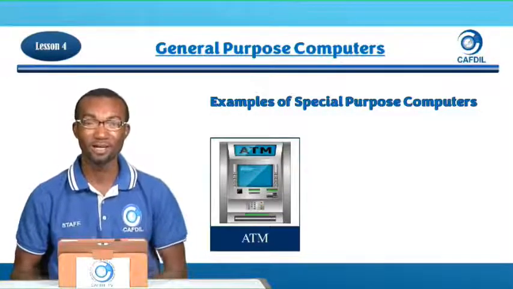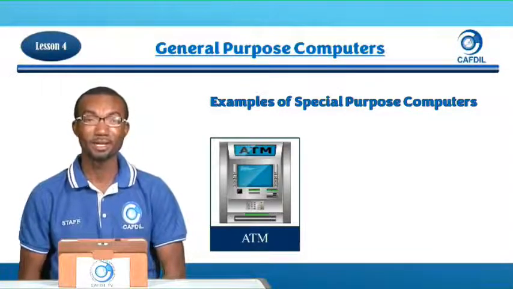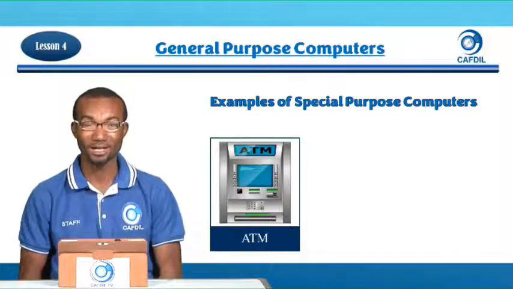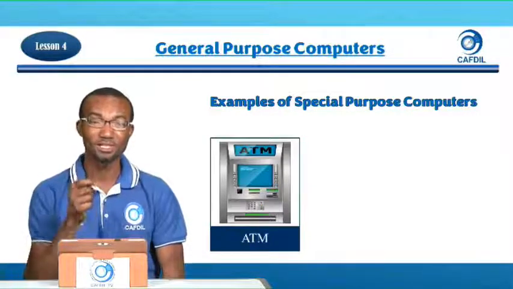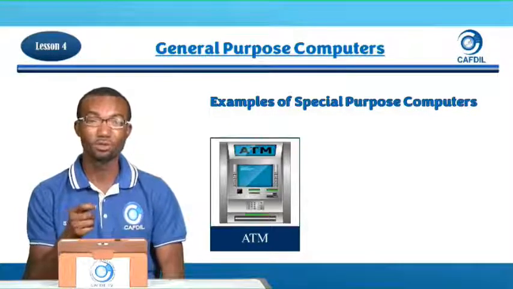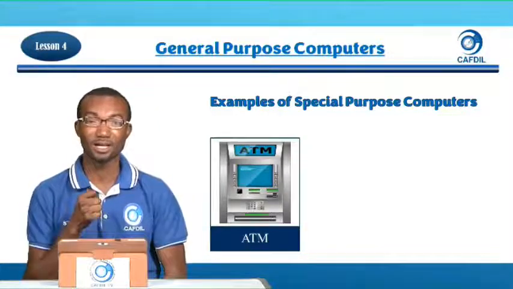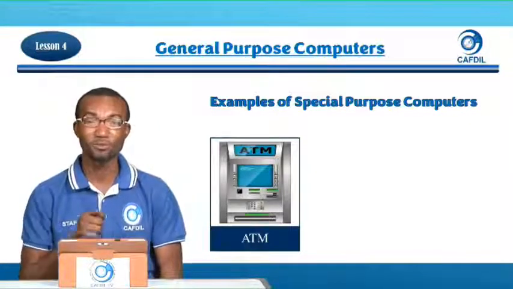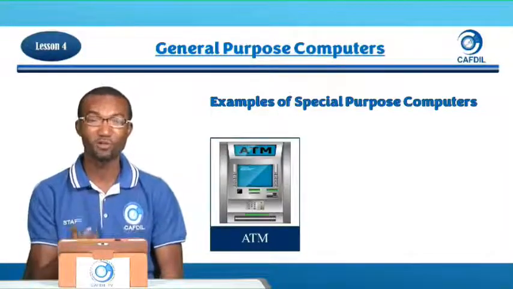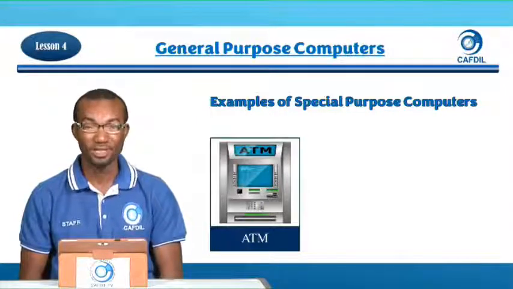Or when you go to the bank and there is a queue inside, you can just go to the ATM and use your card to cash your money. Apart from using this ATM to receive money, there are other ATMs where you can deposit money. Apart from depositing or receiving money, it cannot be used for any other work.